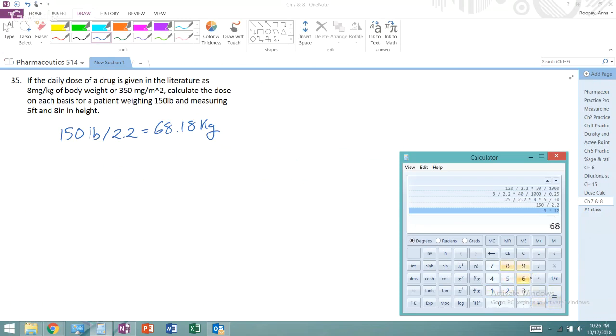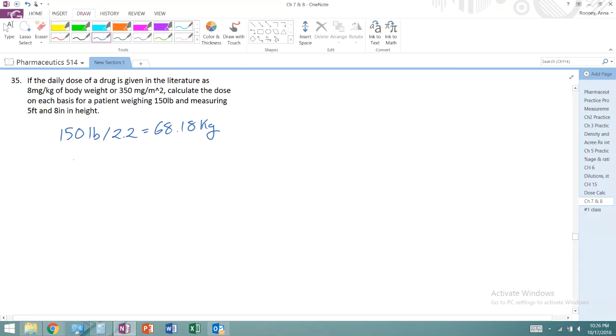So 68 inches times 2.54, which is the conversion for centimeters. So 68 inches times 2.54 is equal to 172.72 centimeters.